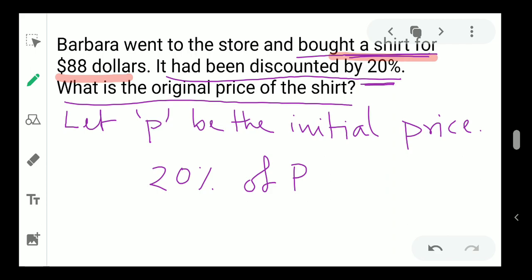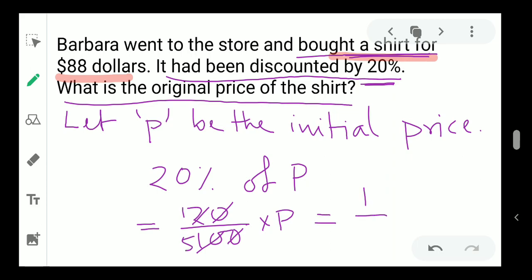So that means 20 by 100 into P. You can cut zeros, and this will become 1 by 5, that is P by 5. In class 5 you have already learned this, so I am skipping this part. By simplification, P by 5 rupees is discounted from the main price.